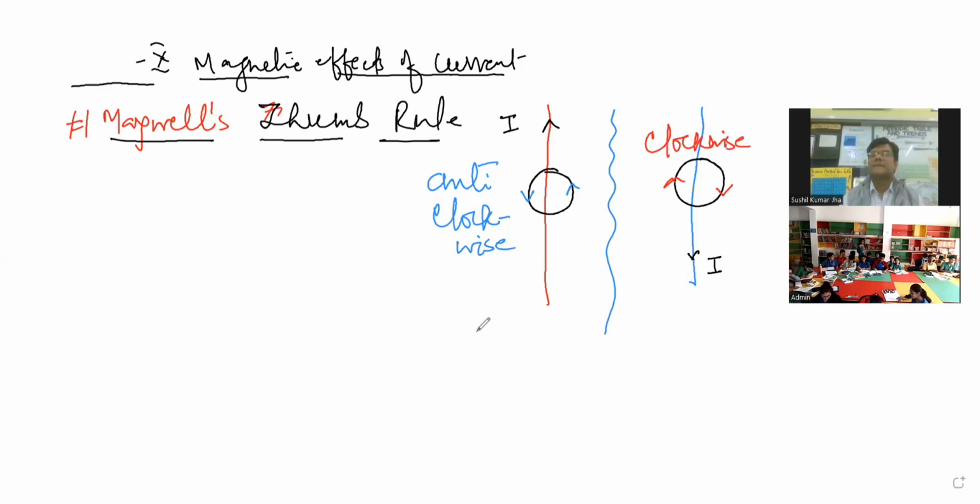Clockwise. All of you first draw this, then I'll explain what this is. First copy it as it is.